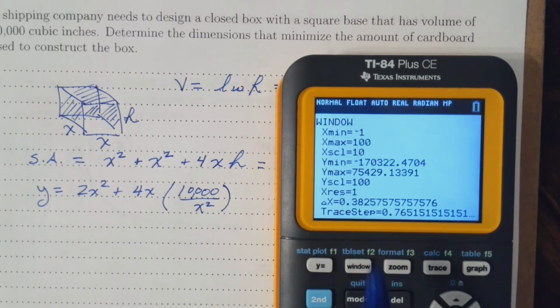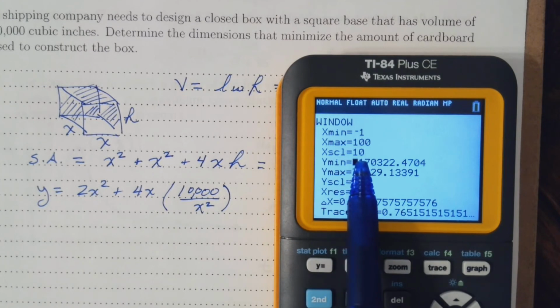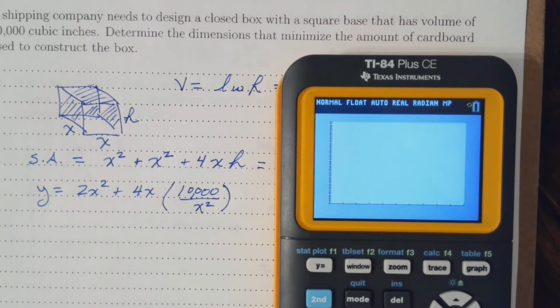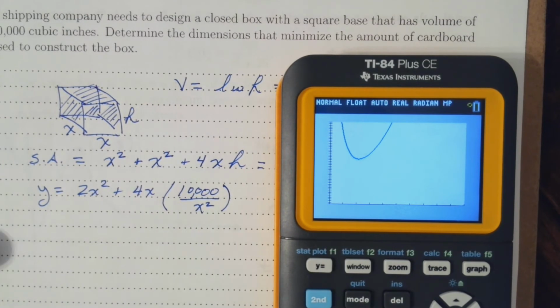I can see my x max is 100, my x scale is going by tens, but my y maximum doesn't need to be so big. Maybe we put it down to 5,000 and have a look at what our graph looks like. There we can see the basic shape of our graph. It seems to come down and go back up.